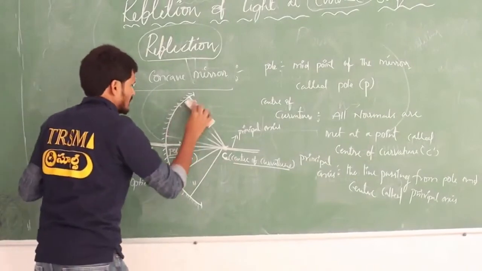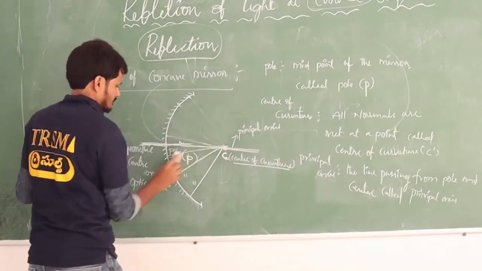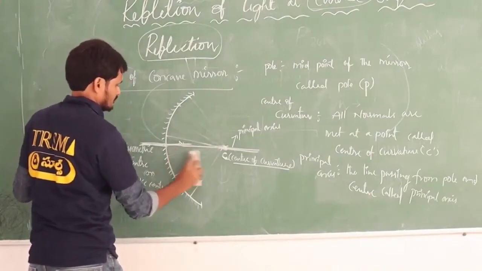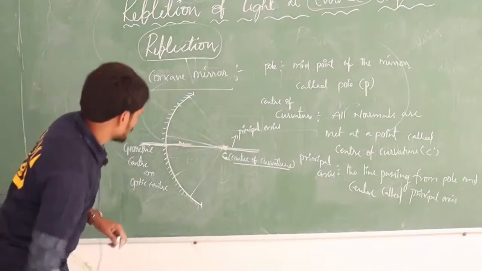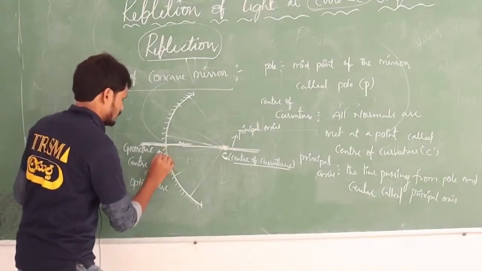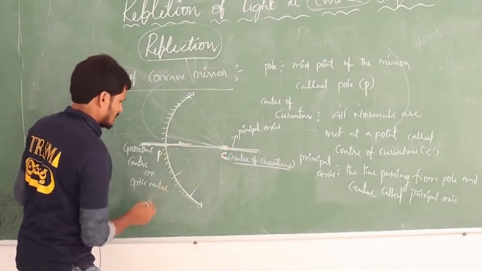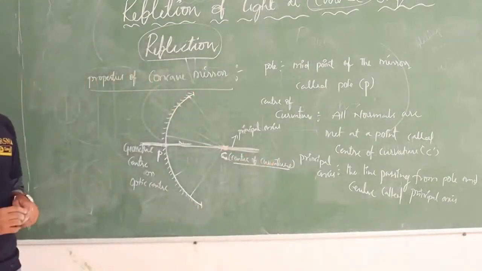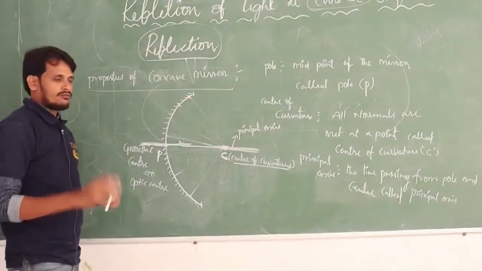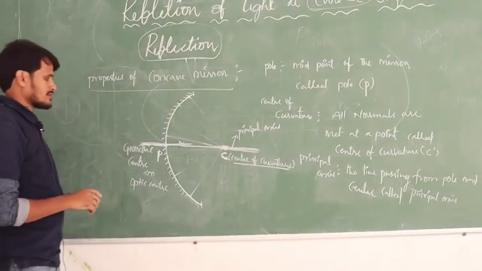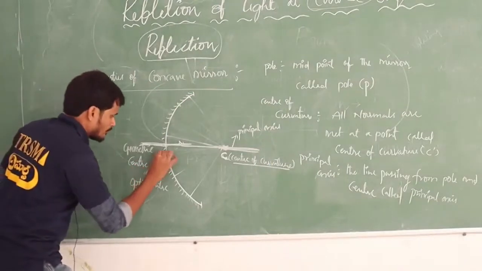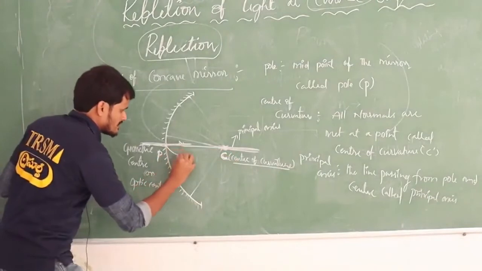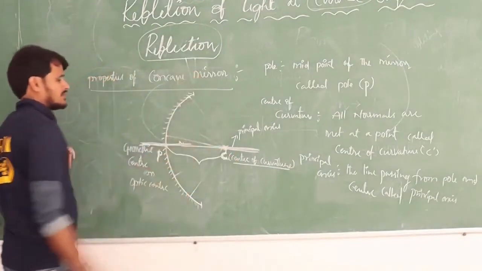So we have the pole P, the center C, and the principal axis. Now one more property of a concave mirror: take the distance between the pole and the center of curvature.